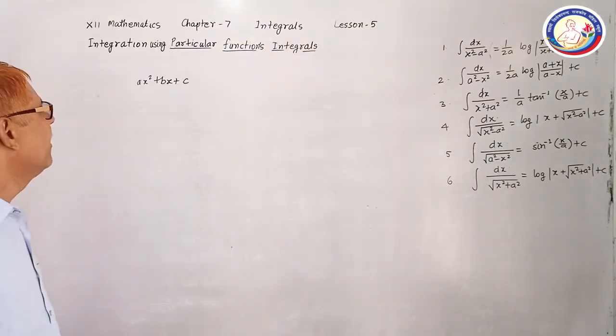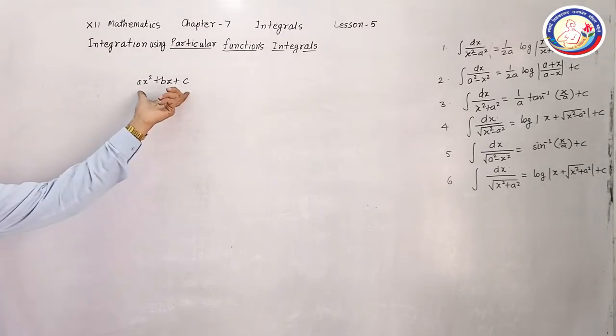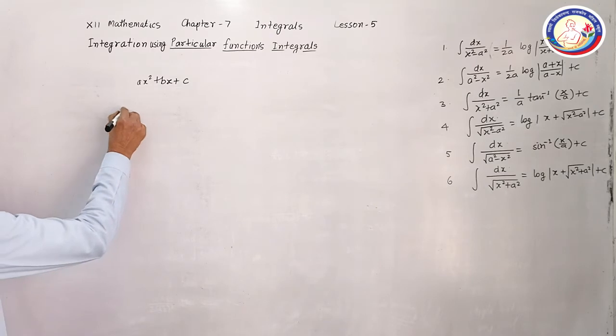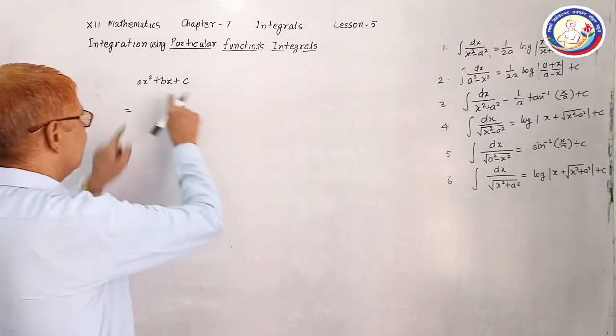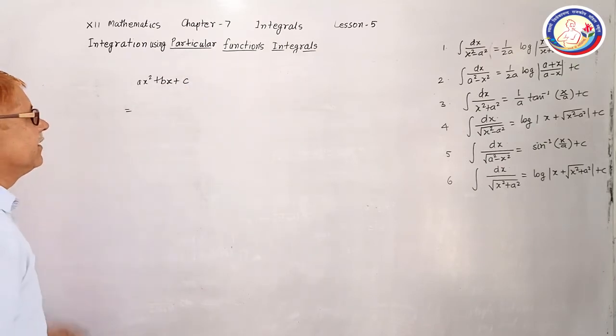We will learn how to change this expression in perfect square plus or minus something as constant. So we have to write it in the form of perfect square plus minus something.